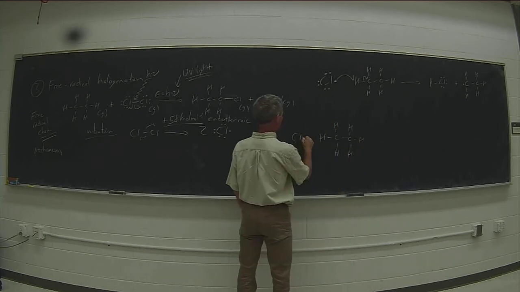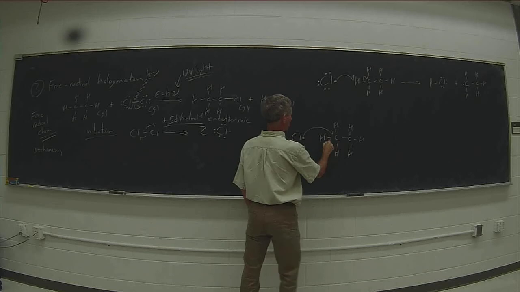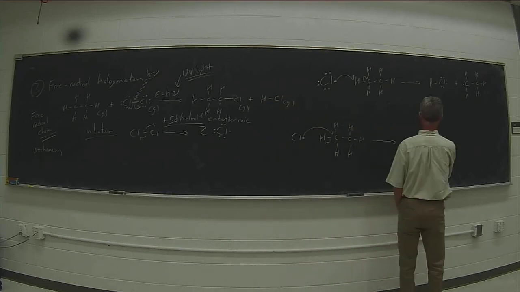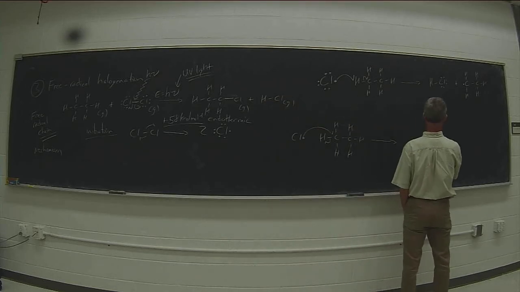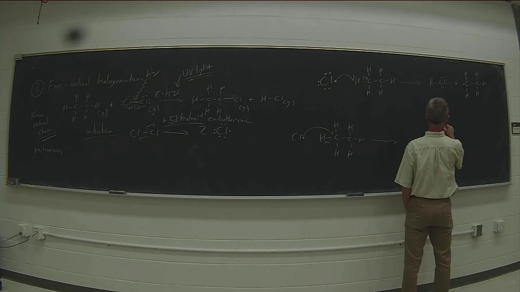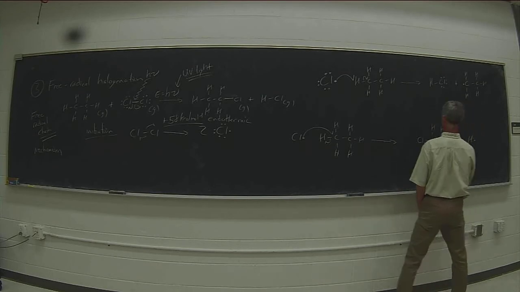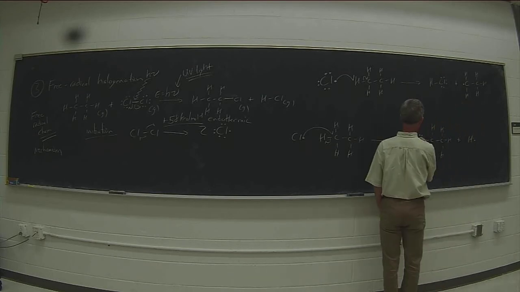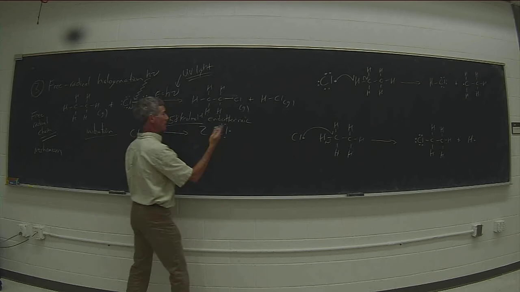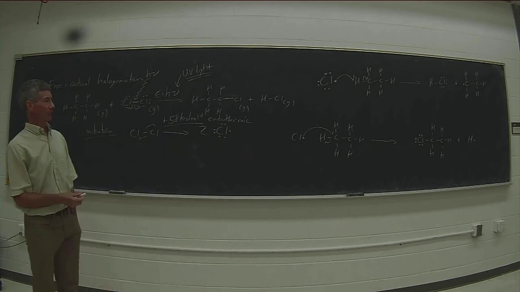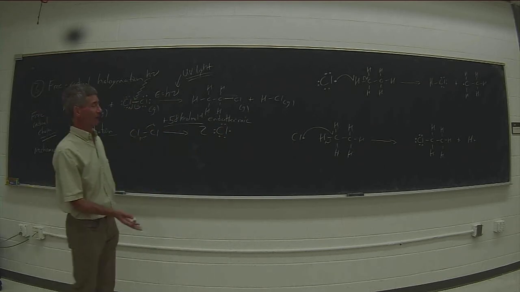So these are two potential reactions. One produces the HCl product, the other produces the chloroalkane product.